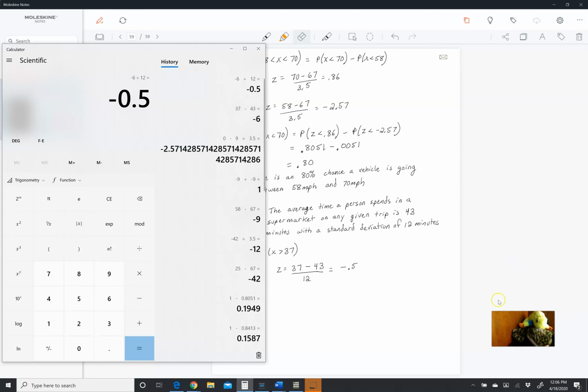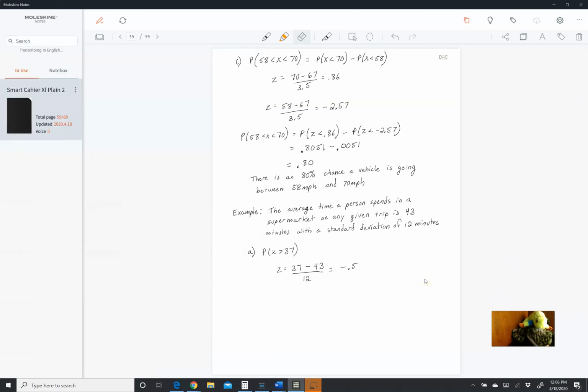So the probability that x is greater than 37 is 1 minus the probability that z is less than negative 0.5. So remember, our z is always a less than because that's what the table tells us.